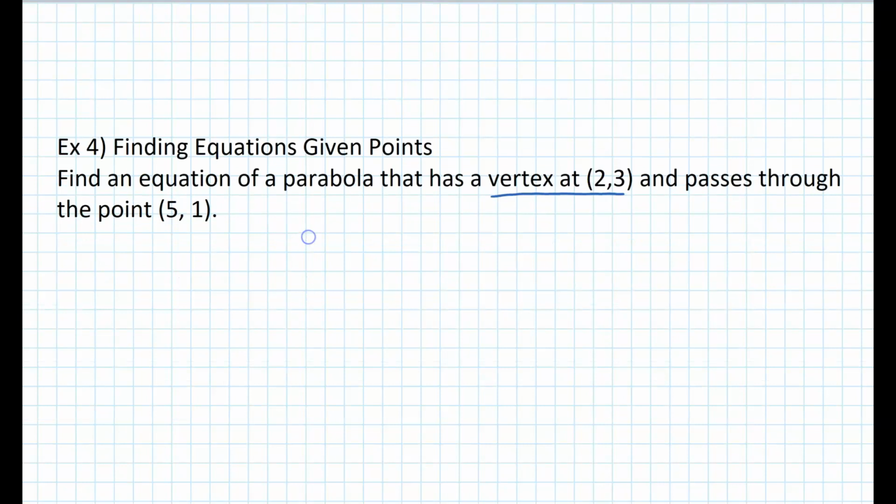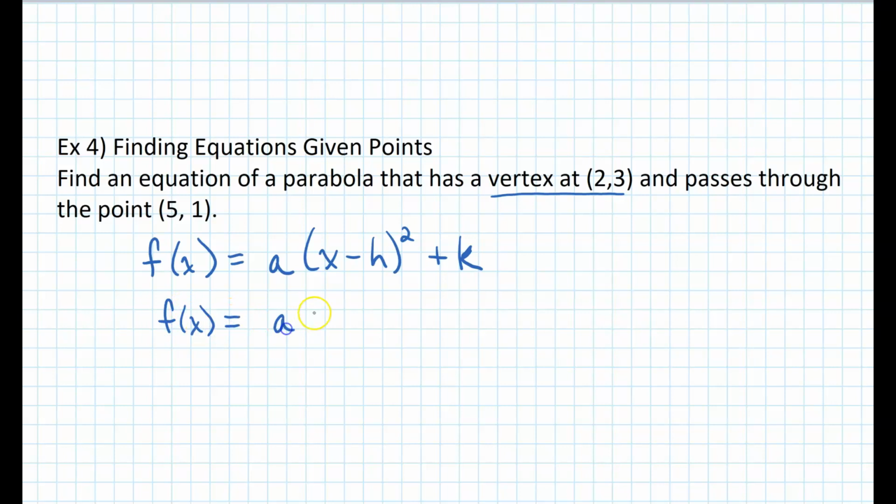So our vertex form, we said, is f of x is equal to a times x minus h squared plus k. Since I know what the vertex is, I'm going to plug those in for my h and k. So that gives me f of x equals a times x minus 2 squared plus 3.